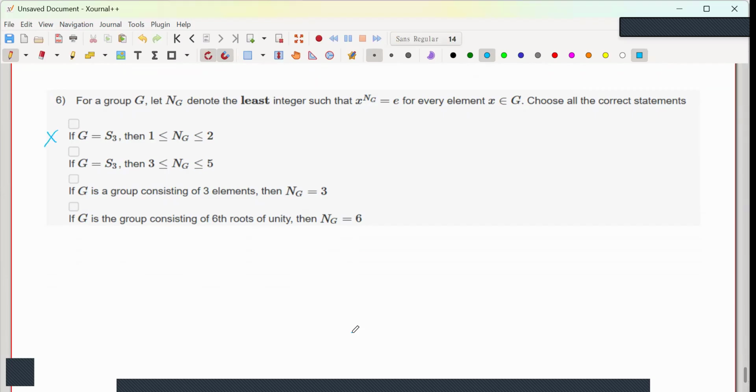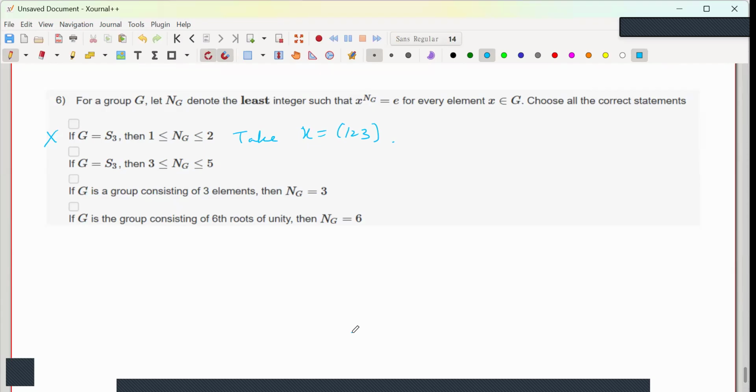More than half of the questions are solved if you know what S3 is. Again, we know that in S3 there is an element of order 3, so that won't satisfy this.